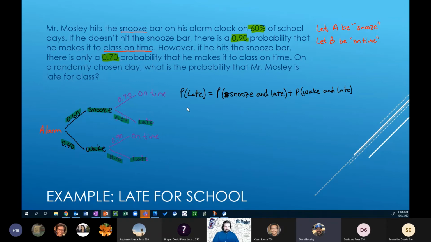Based on the rule that we just learned, the probability that I snooze and am late is equal to the probability that I'm late given that I hit the snooze button, times the probability that I hit snooze, plus the probability that I am late given that I woke up, times the probability that I woke up.